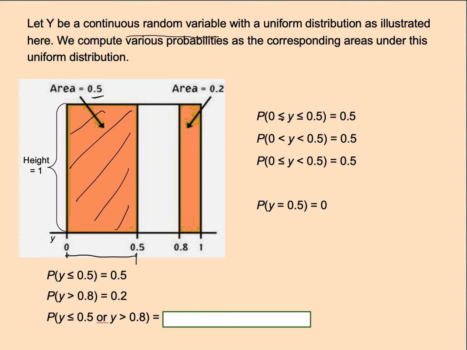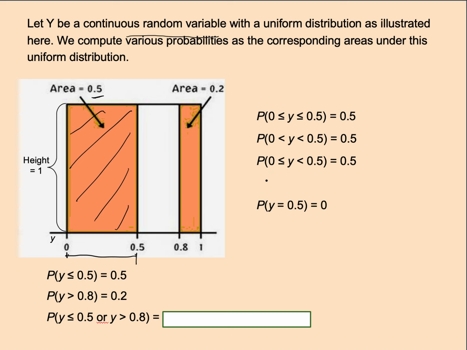And in this case, the area is given as 0.5, so that's why the answer is 0.5. Similarly, even if it is y greater than 0 and less than 0.5, and not equal on either of these ends, the probability still remains the same. Why? Because the probability of only one point, either 0 or 0.5, doesn't have any value, so that's 0.